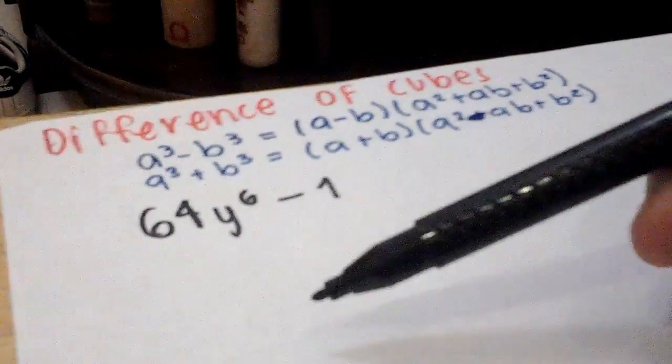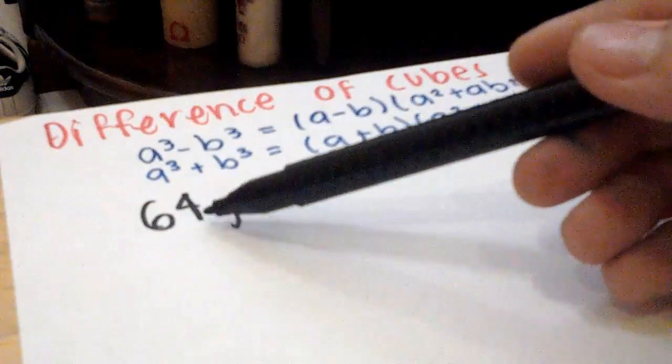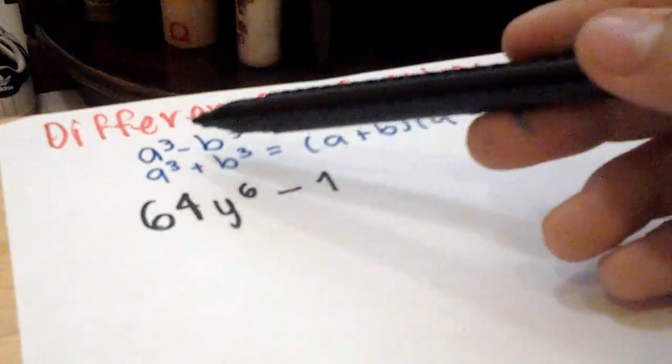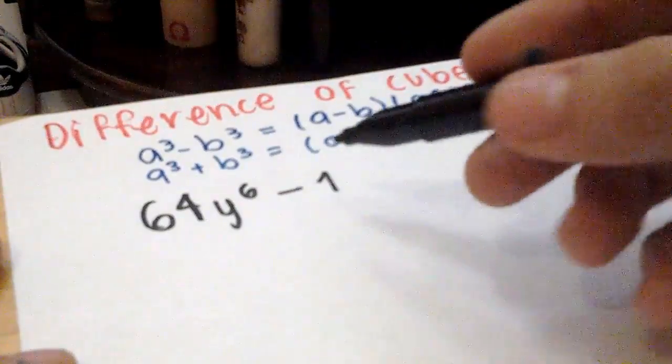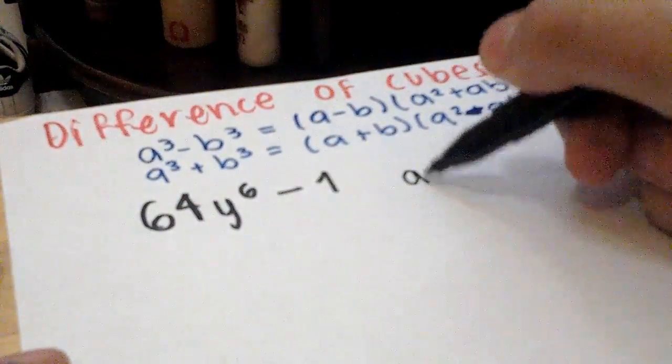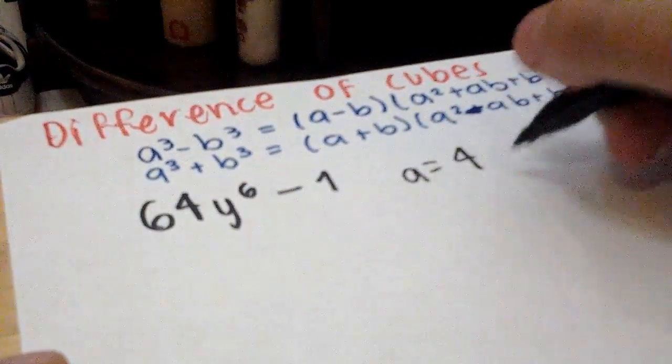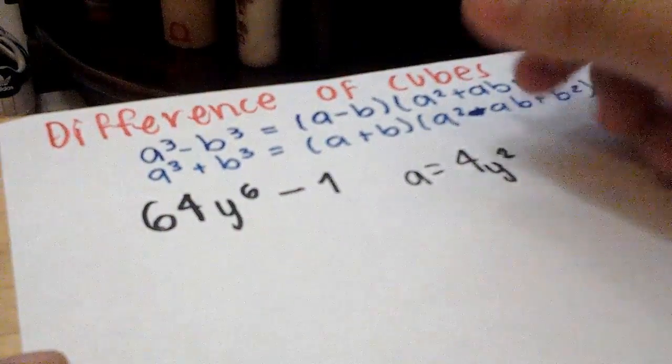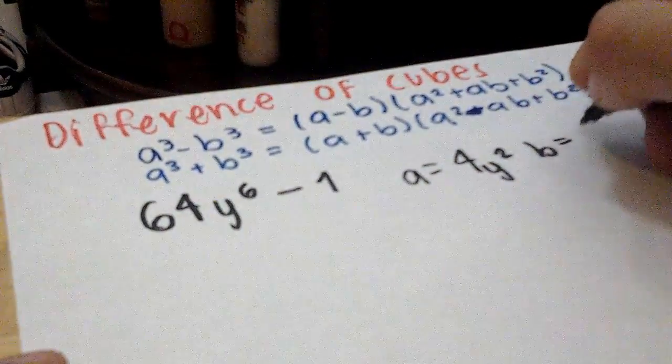Conjugate. To factorize this, you need to use these formulas. In this case it is the first one. So we know that a equals 4y squared and b equals 1.